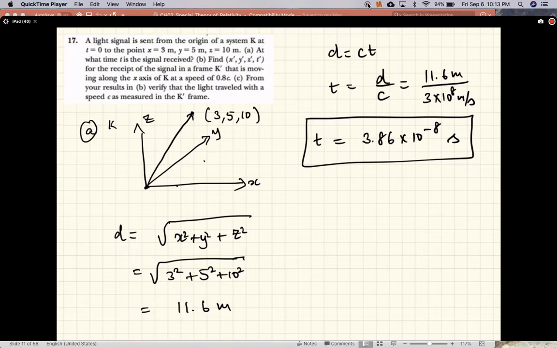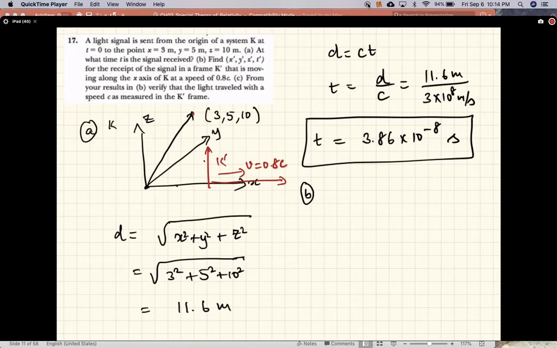All right, so now in part B, what we want to find is, if we have a K prime, and K prime is moving along the x-axis at speed of 0.8 c, what are these coordinates in the K prime frame? And you can check the Lorentz transformation in your notes.